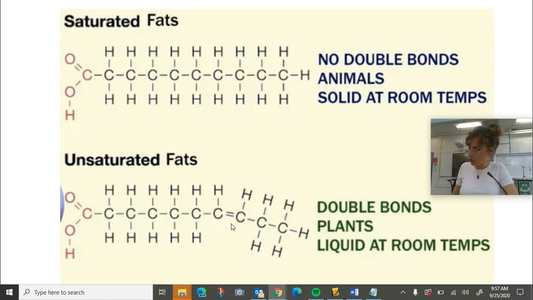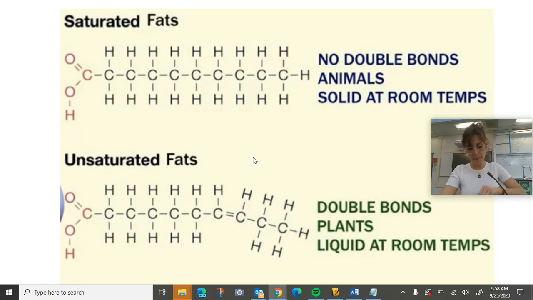Okay, so in your notes, you need to fill in quite a bit for unsaturated. I gave you all the components for saturated. No double bonds, creates straight chains, solid at room temperature, usually from animals. For unsaturated, and I'll say it a little more slowly, double bonds, creates chains with kinks, liquid at room temperature, usually from plants.